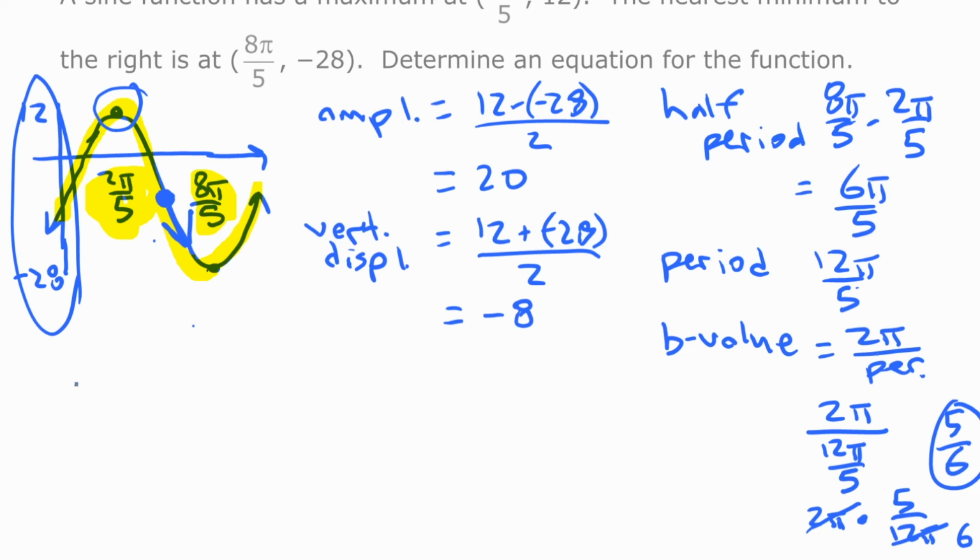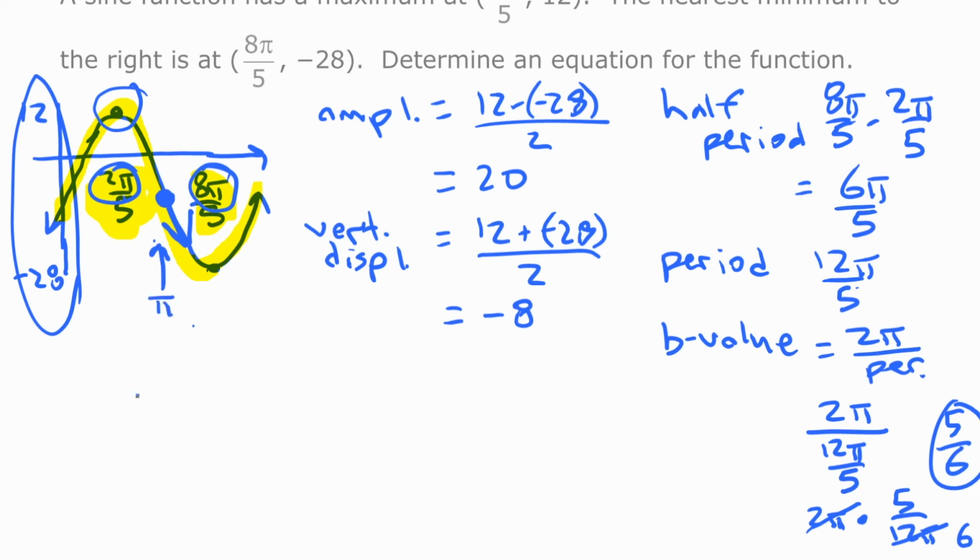If we were going to call it that, we need to know halfway in between those two. Halfway in between 8 pi over 5 and 2 pi over 5, you can add them, divide by 2, find the average. 8 and 2 is 10, divided by 2 is 5. So that halfway point is going to be 5 pi over 5, or just pi.